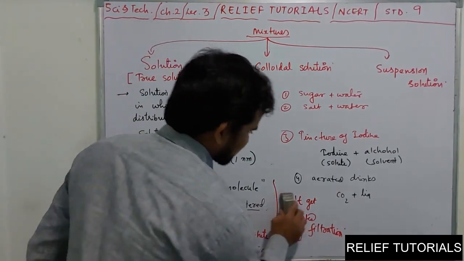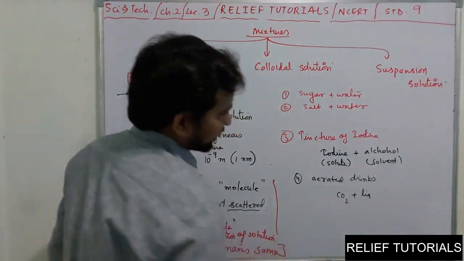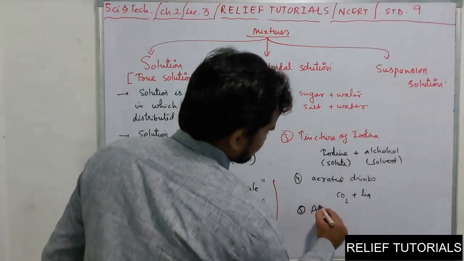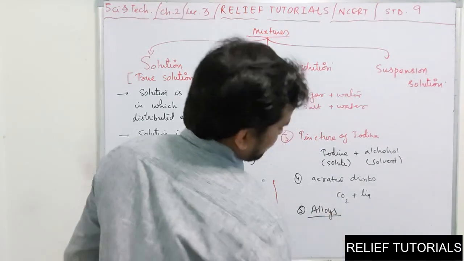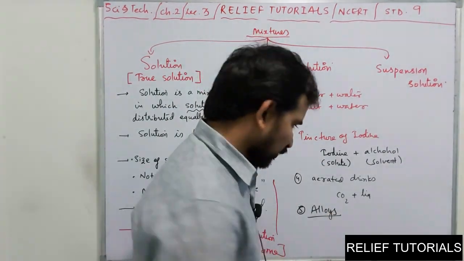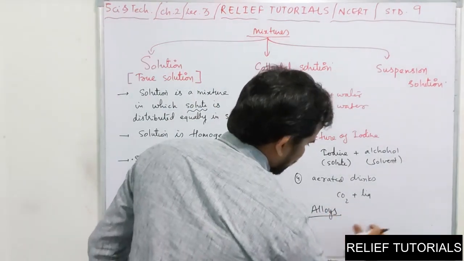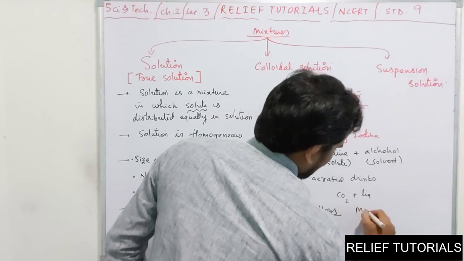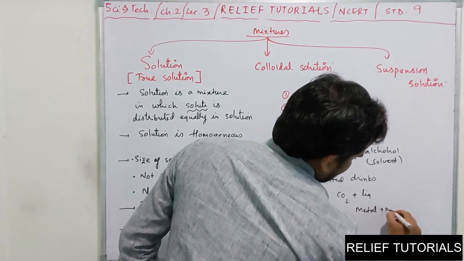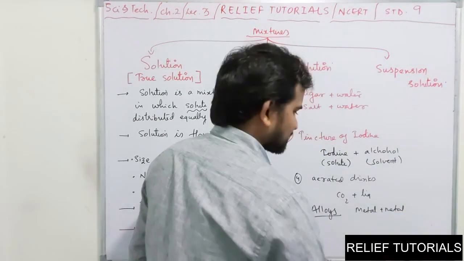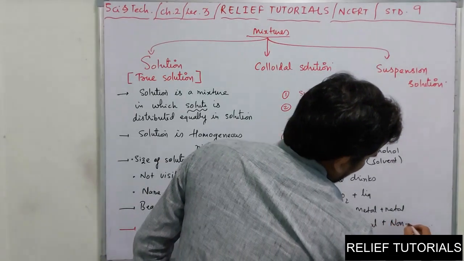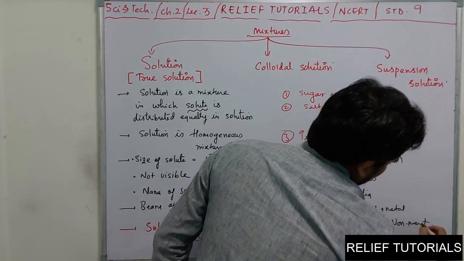One more example we can discuss, a scientific example, alloy formation. Alloys are nothing but homogeneous mixtures, meaning a solution of metal plus metal, two or more metals, or a mixture of metal and non-metal.